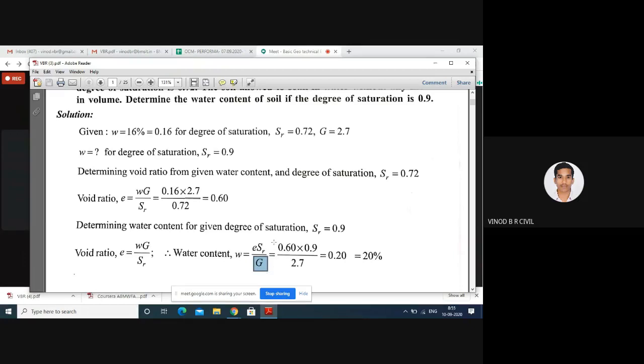Therefore, with E equal to 0.69, SR equal to 0.9 and G equal to 2.7, water content equals 0.2 or 20% for a degree of saturation of 0.9.